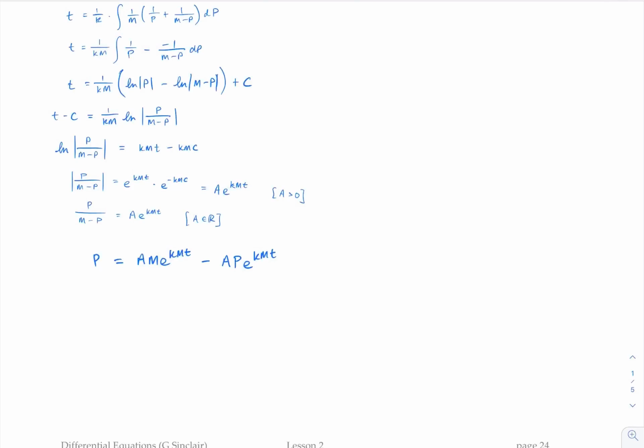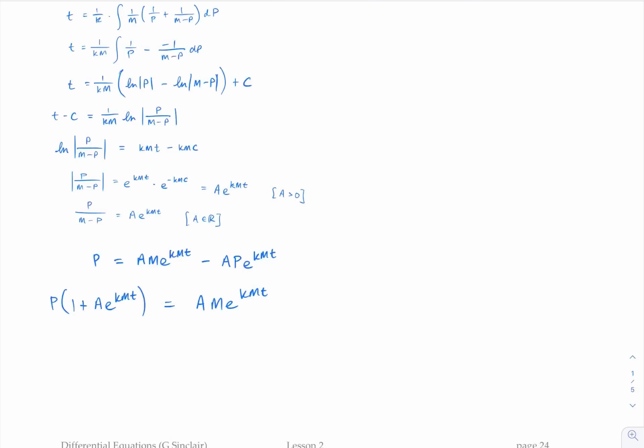I want just P by itself. So multiply by m minus P, fully expanded. And now to get P by itself, this term has to take a journey to the left. And I can factorise. So P(1 plus A e to the kmt) equals A m e to the kmt.